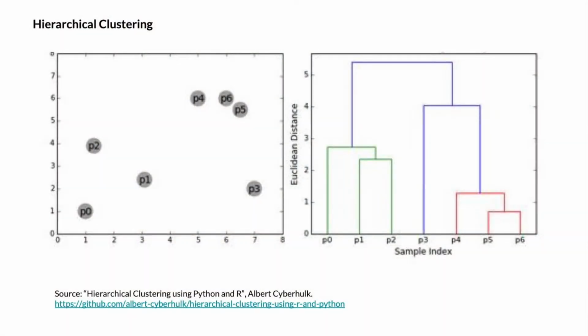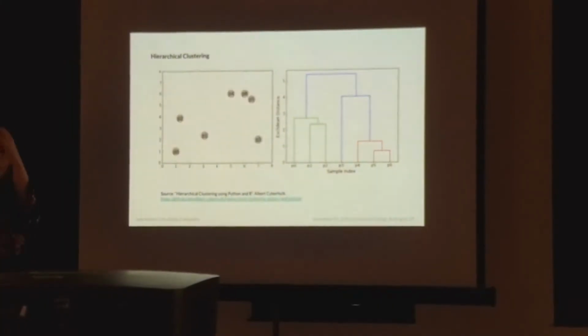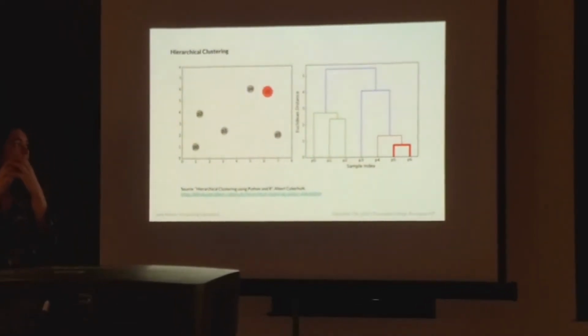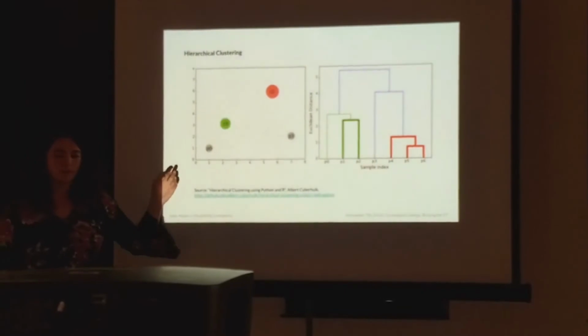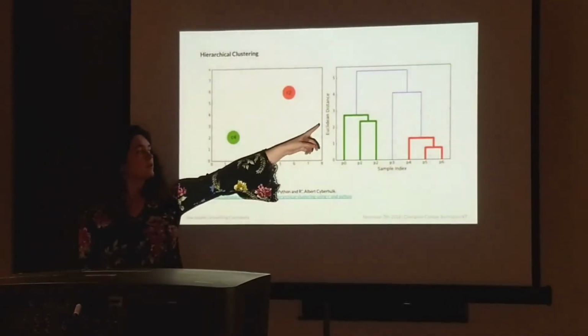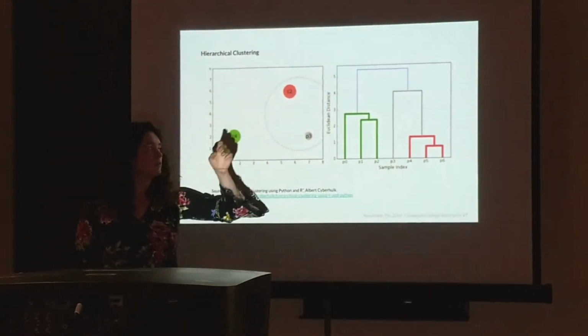So hierarchical clustering is one way that we'll get groups of things together. This is where we say, okay, find the nearest neighbor and put those two things in a cluster, and then find the nearest neighbor to those and put those things in a cluster. And then we create this tree structure that shows how things are related.